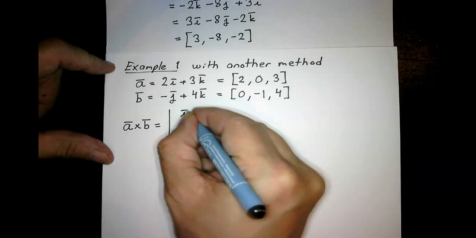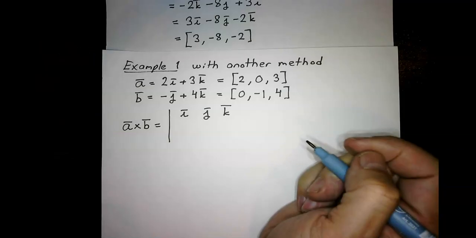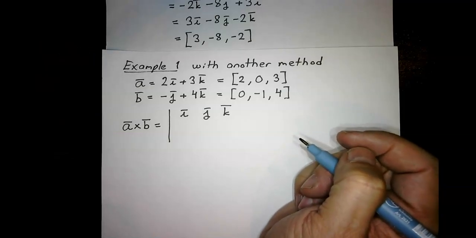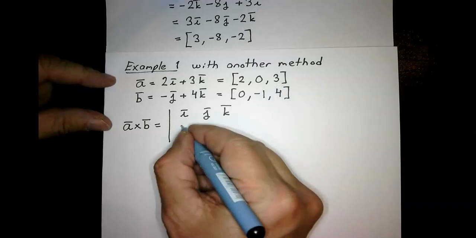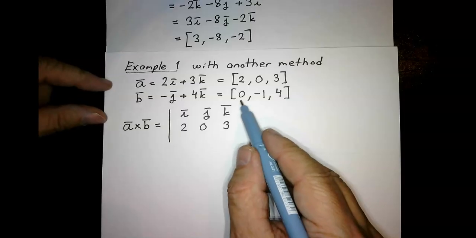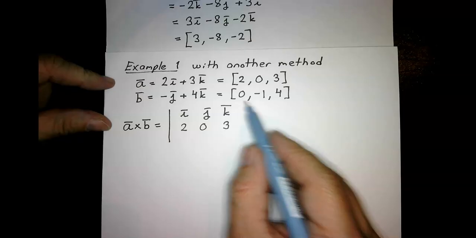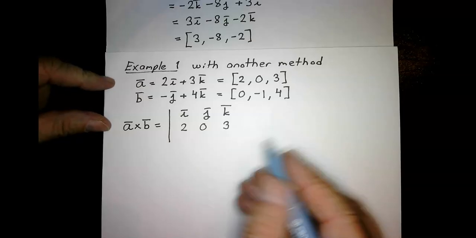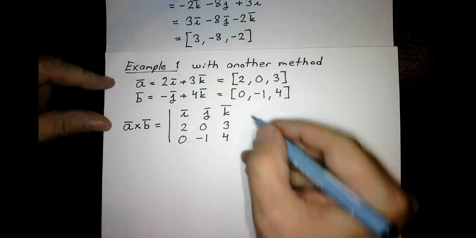First is unit vectors i, j, k in the first row, and then these components 2, 0, 3 in the second row, and these components of the second vector in the last row, or the third row, 0, minus 1, 4.